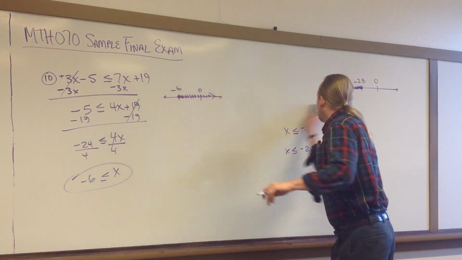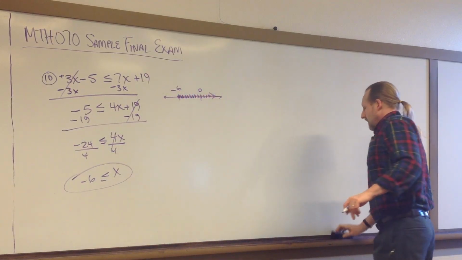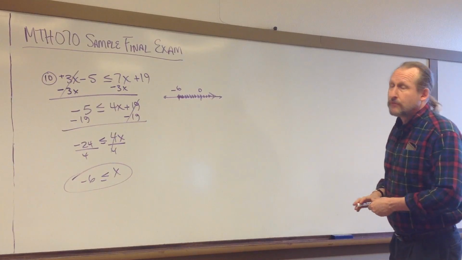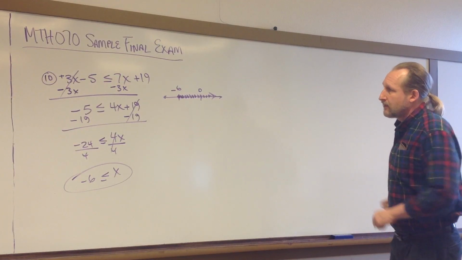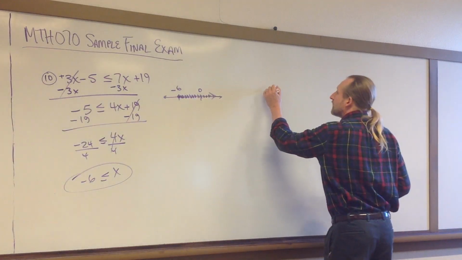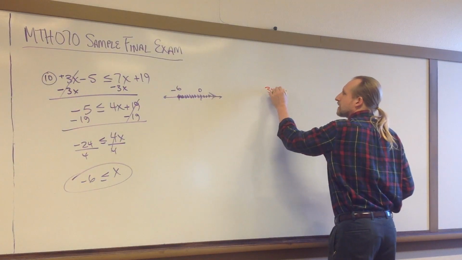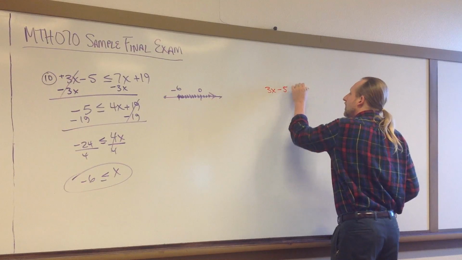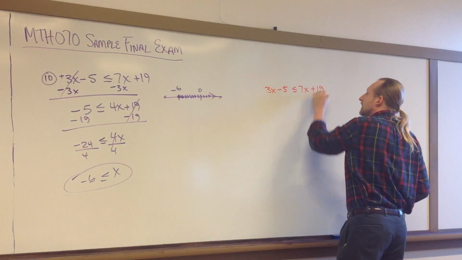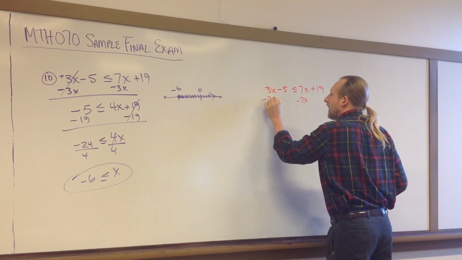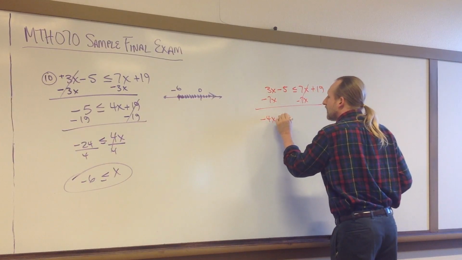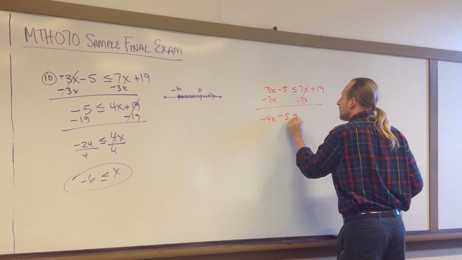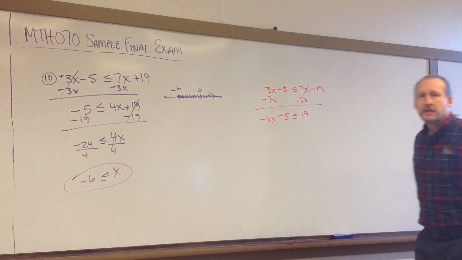Okay. Now, what if I decided I was going to move that 7x over to be with the 3x instead of the way that I did it right there? So let's see here. 3x minus 5, 7x plus 19. So let's say I subtracted the 7x on both sides. That would be negative 4x minus 5 less than or equal to 19.